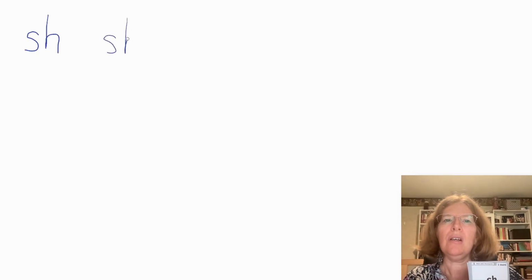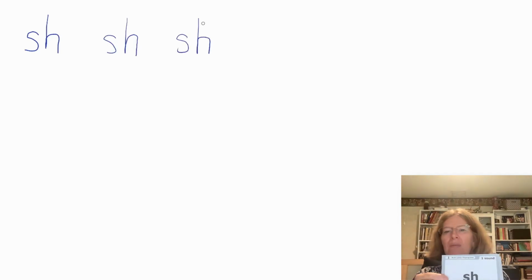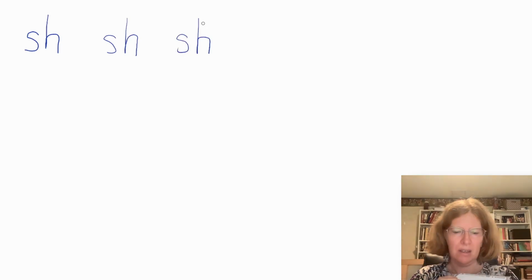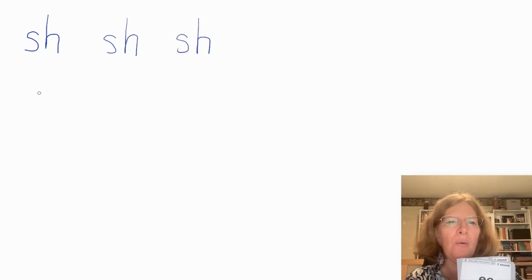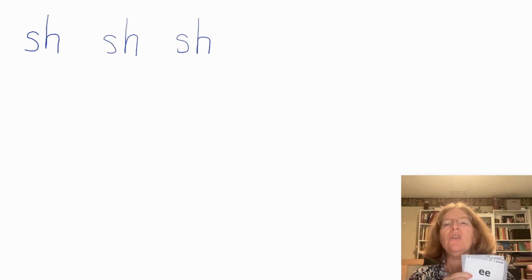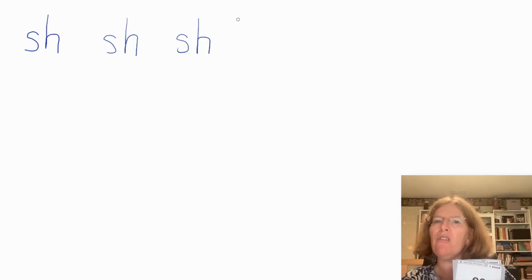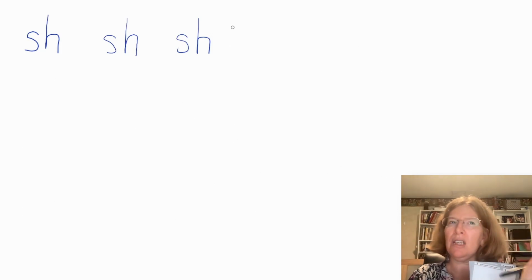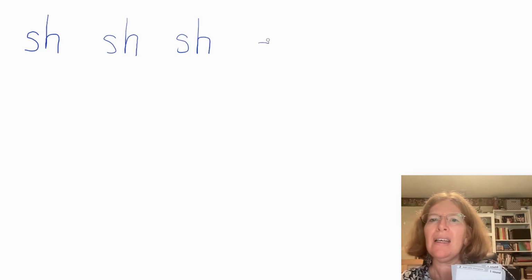Sh. Say it as you write it. E-double-E always says E. Now, you'll notice we are leaving a space between the multi-letter phonograms. You need to leave the space of about 2 fingers because when you're writing words, you need to leave space between words.